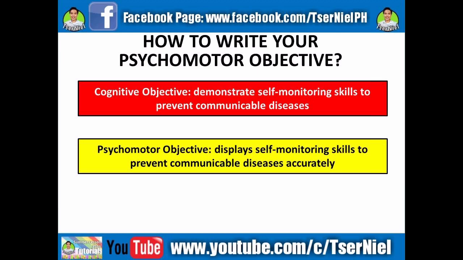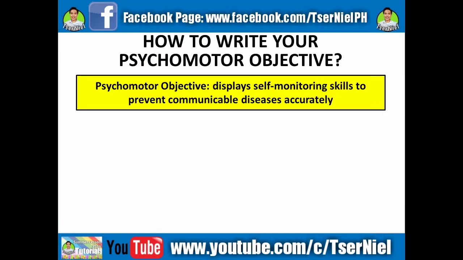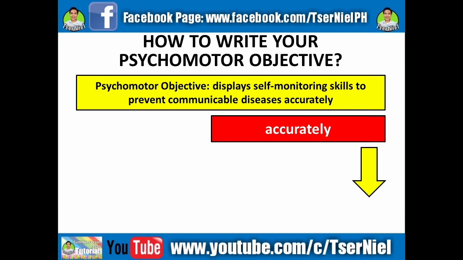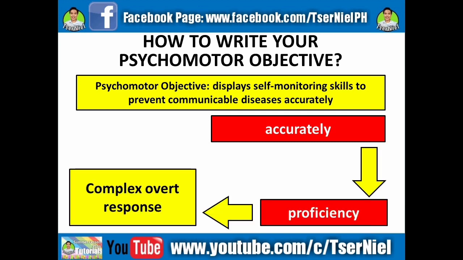Take note, meron na tayo ditong action word na display, pero nilagyan natin siya ng adverb. Yung accurately, di ba sabi ko kanina, pagdating sa complex overt response, naglalagay tayo ng adjectives and adverbs para maipakita na mas maganda ang performance for that category. So, ibig sabihin, yung psychomotor objective natin, it belongs to complex overt response category.